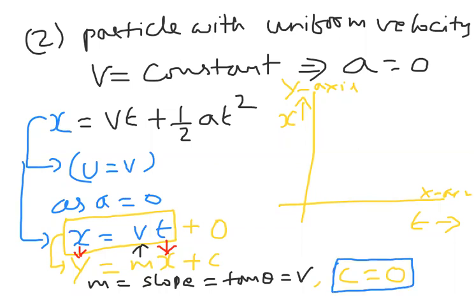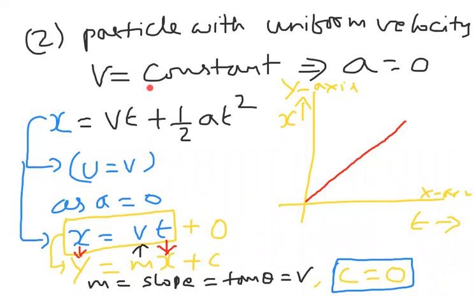Y-intercept value 0 means the graph starts from origin, and we can draw the graph in this way. So this is the graph for position-time when the particle is moving with uniform velocity. I hope you are clear with a particle moving with uniform velocity.